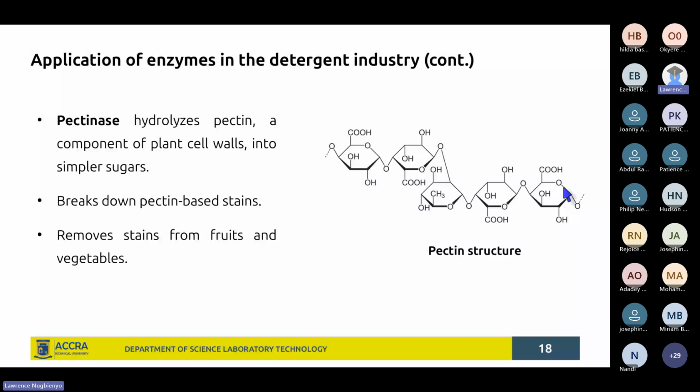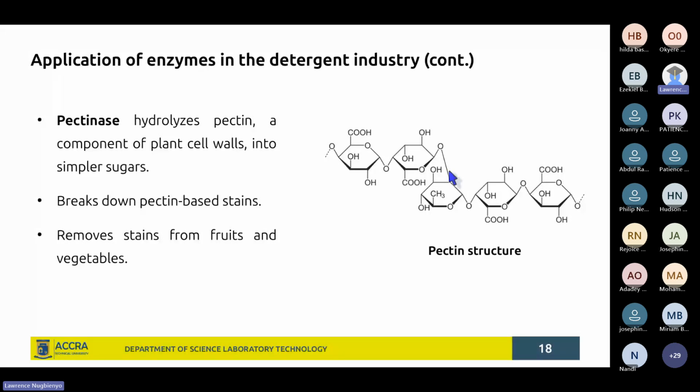You're seeing a unit of pectin from 5 units of glucose together. And so all it means is you need pectinase to break down this polysaccharide into simple sugars, and those simple sugars can easily get soluble in water.